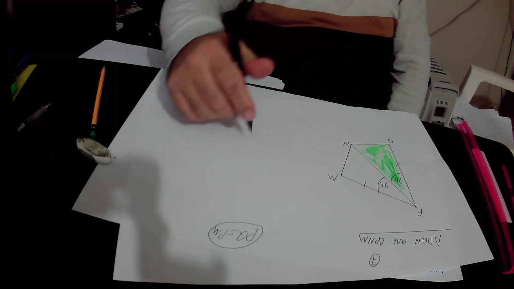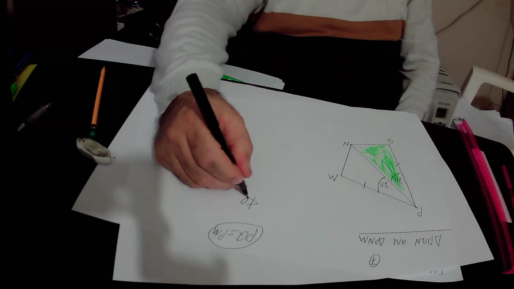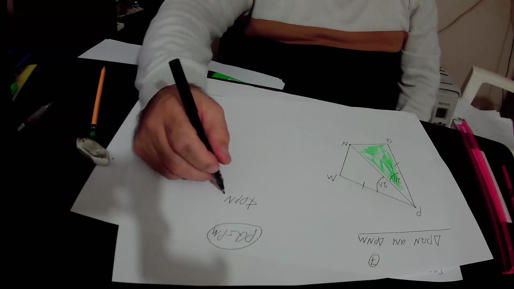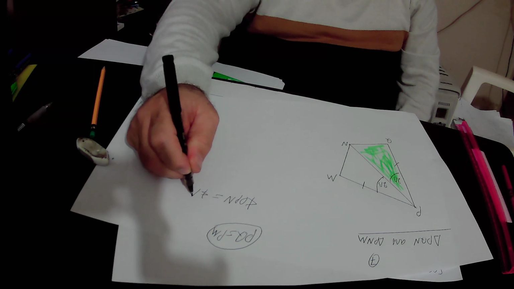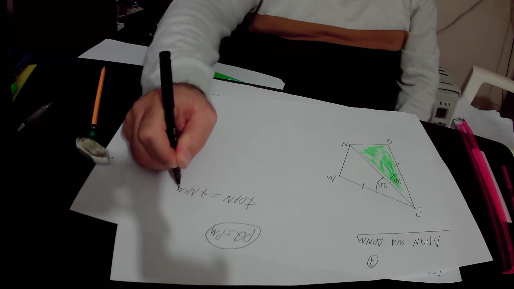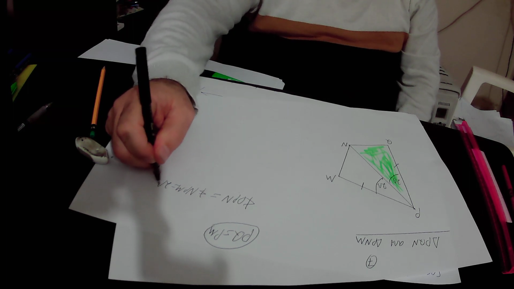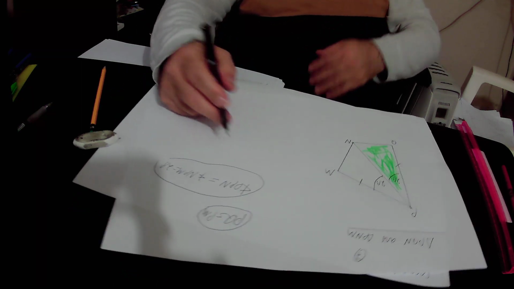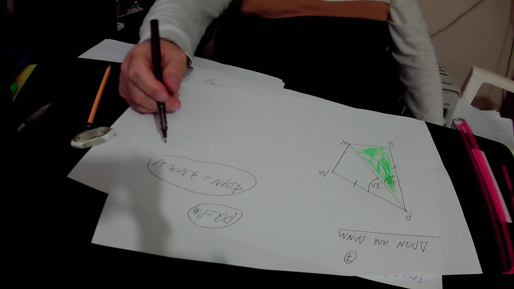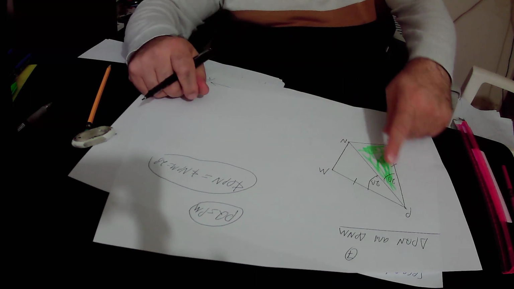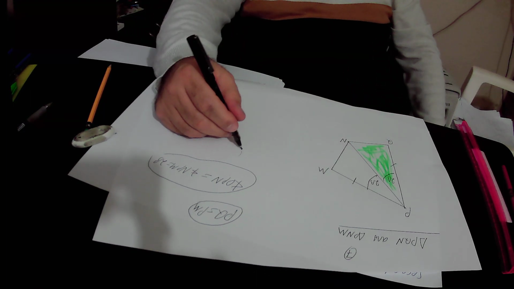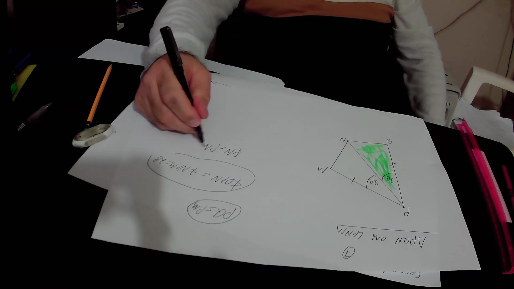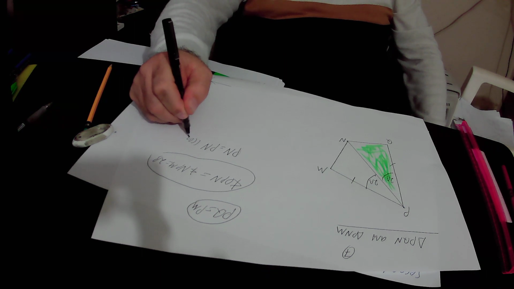So angle QPN on the green triangle equals angle NPM on the white triangle, and both those two angles are equal to 2 beta. And we also have a common side. PN is a common side, it belongs to both triangles. So PN equals PN.